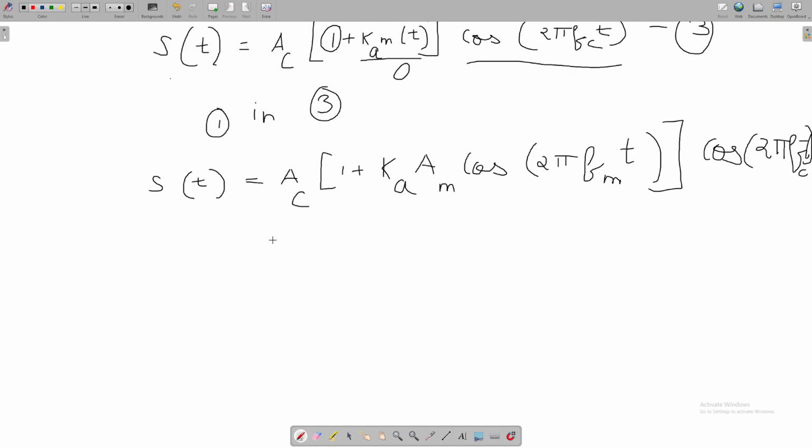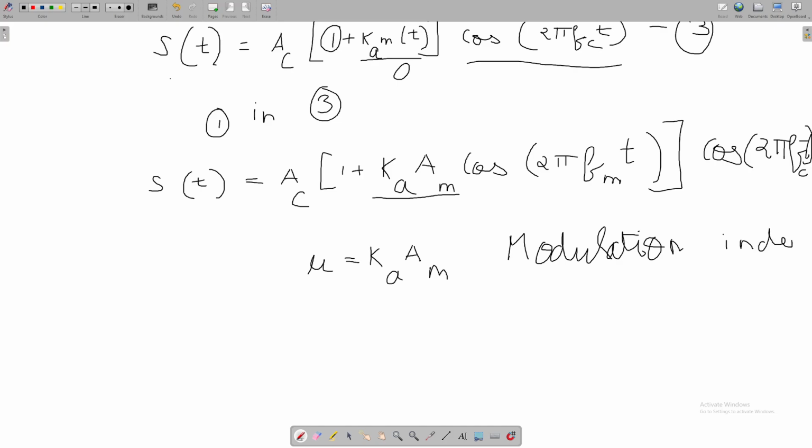Now we add the symbol mu, where mu equals ka Am, which is known as the amplitude modulation index, or simply the modulation index.